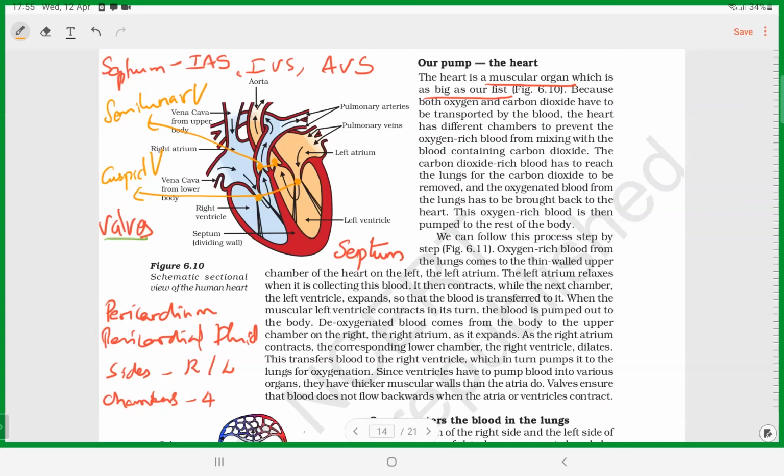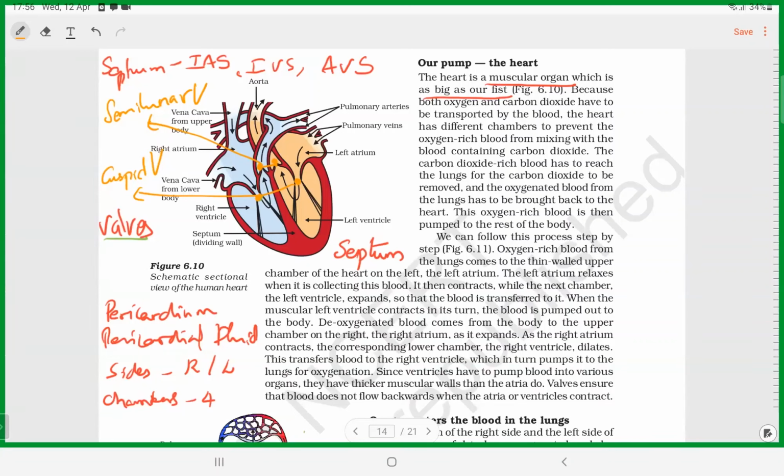So the cuspid valves allow the blood to flow from atrium to ventricle. What is the function of cuspid valve? It allows the blood to flow from atrium to ventricle. So there is one from right atrium to right ventricle, and then left atrium to left ventricle. Semilunar valves allow the blood to be pumped from ventricles to outside.